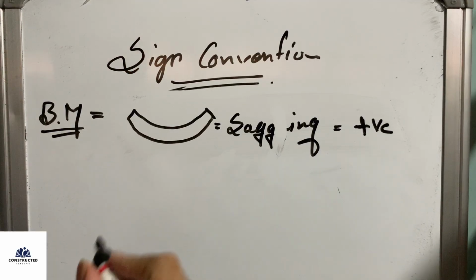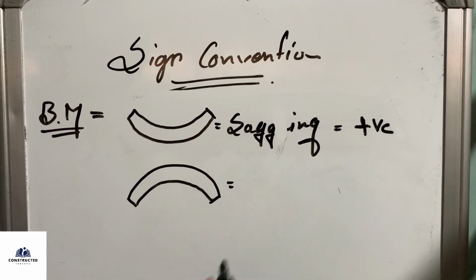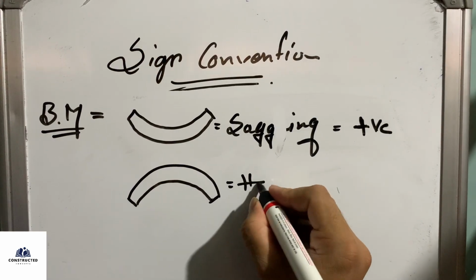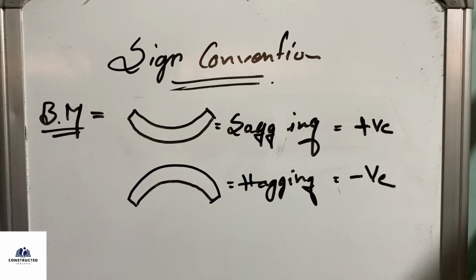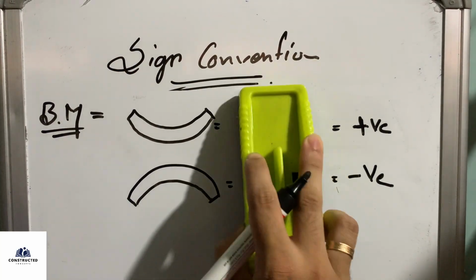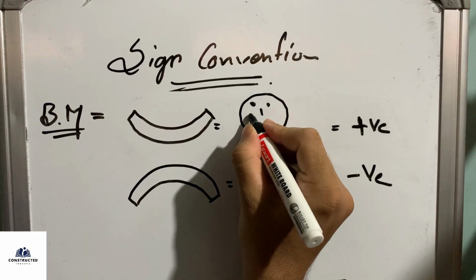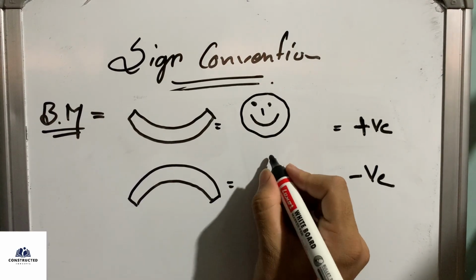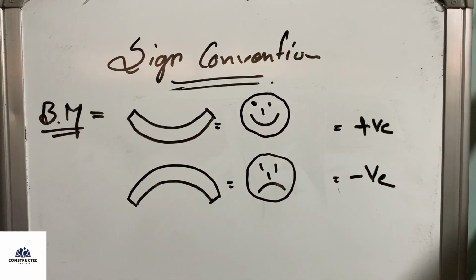For hogging bending moment, obviously it will be negative. Sagging or hogging, you can also imagine by a smiley face. Let me draw it for you. For sagging, this one is smiling. For hogging, this one is sad. Okay, sad face and smiling face.